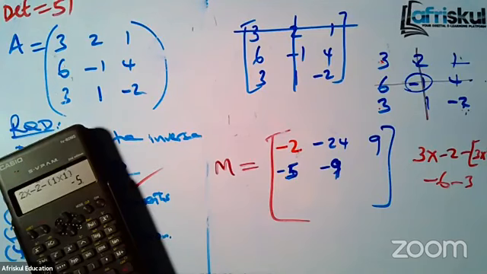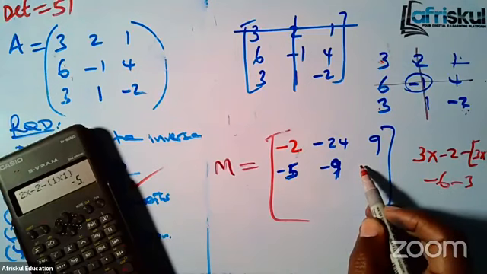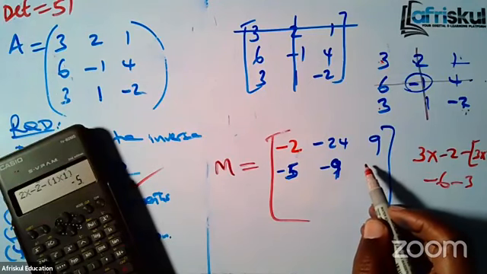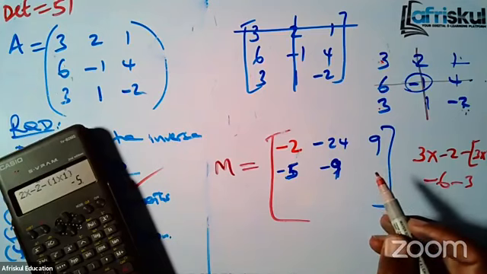Okay, somebody now give me the others very fast. What do we have here? You can type your answers. Negative 2.